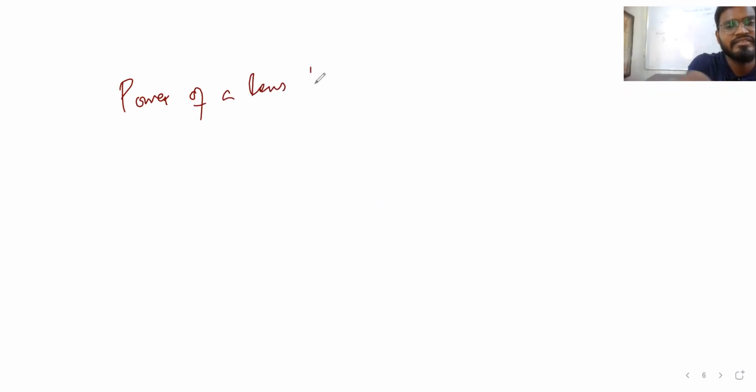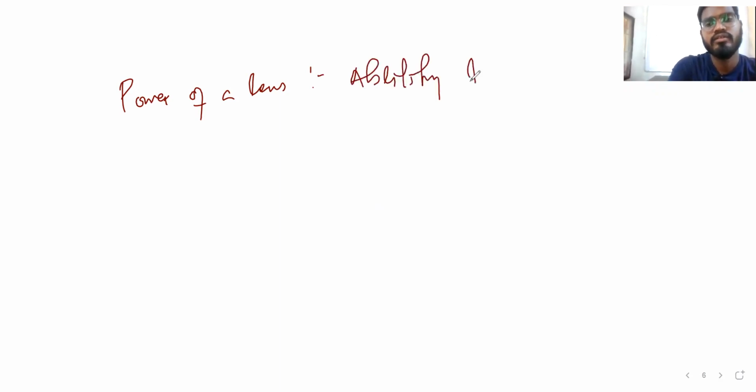After that, what? Power of a lens. Last topic we can say, theoretical things in lens, that is power of a lens. Power is what? The ability of a lens to converge or diverge the rays of light.